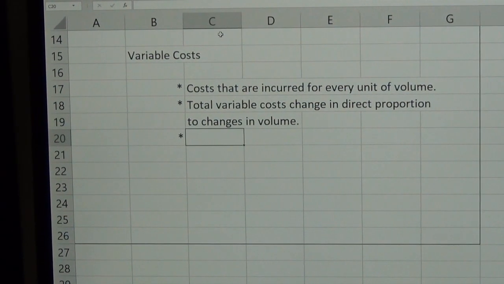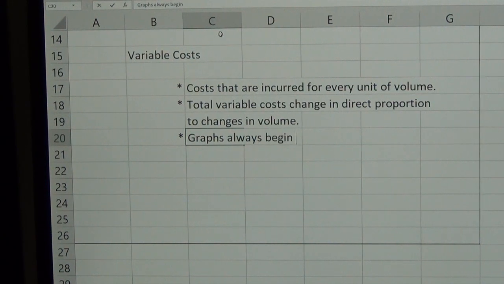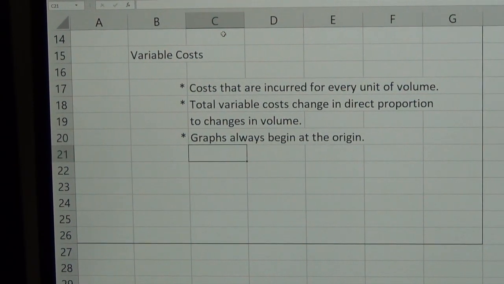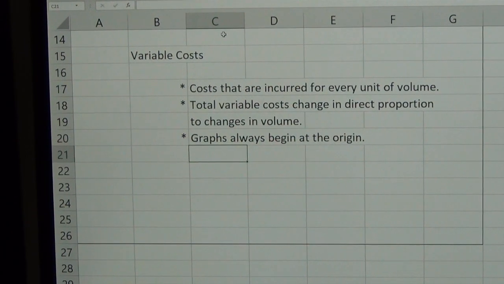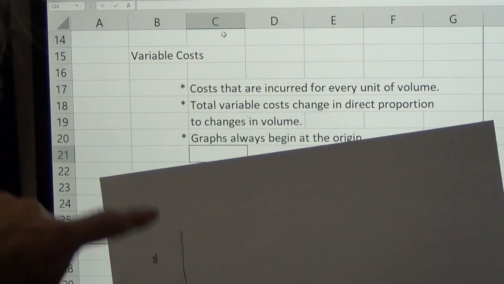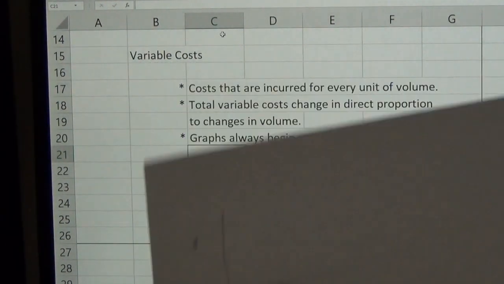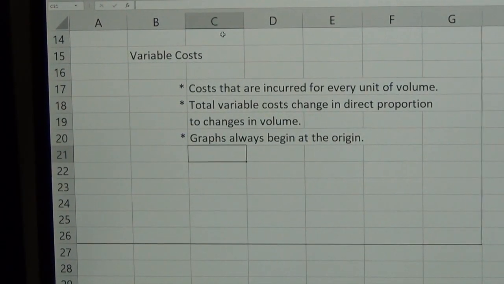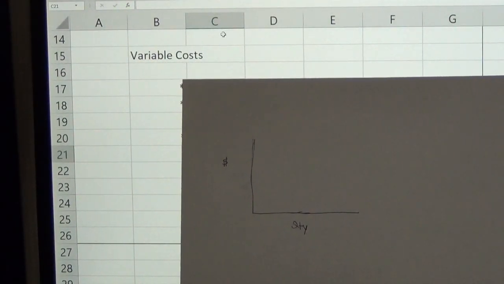Let's see. So when we're looking at graphs, they always begin at the origin. If I draw a graph here, there's my graph, right? We're looking at dollar amounts on the y-axis, and if we take our x-axis as being the quantity, here's kind of what you would see on the graph.